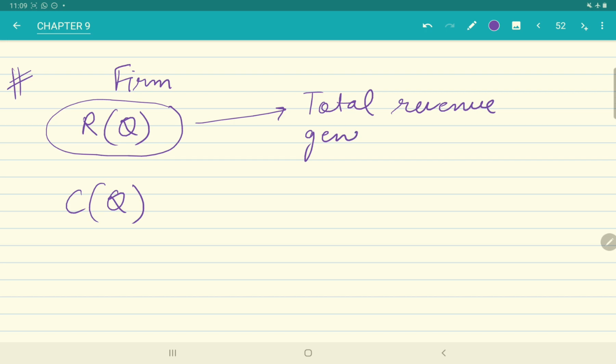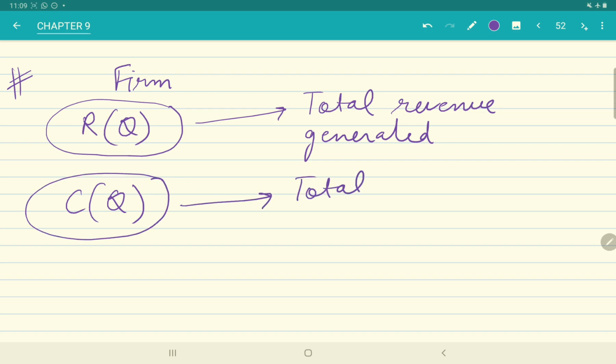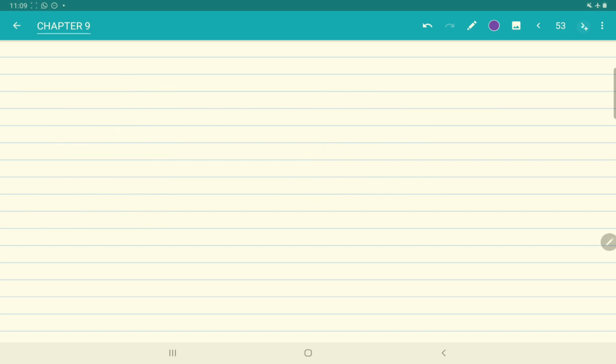Total revenue generated, and the dollar cost associated with producing and selling Q units is this much. So this is the total cost. And the profit obtained as a result of again producing and selling Q units would be total revenue minus the total cost, and profit would then be this.